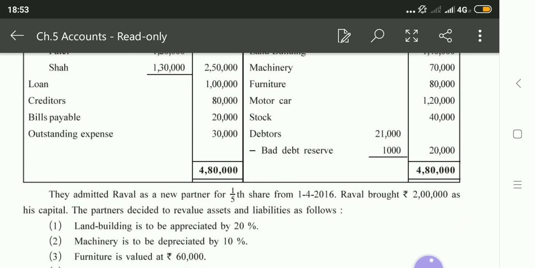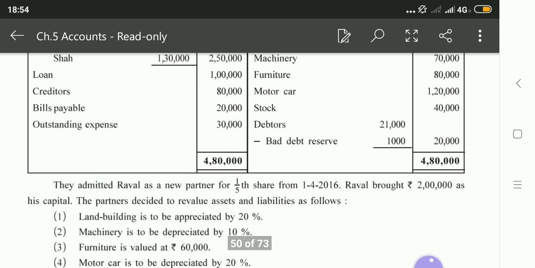Furniture was of rupees 80,000 and now it is of 60,000. So all I can interpret here is that the value of furniture has decreased by 20,000 rupees. Old value of furniture is 80,000 and the new value is 60,000. So the value of furniture has decreased by rupees 20,000.